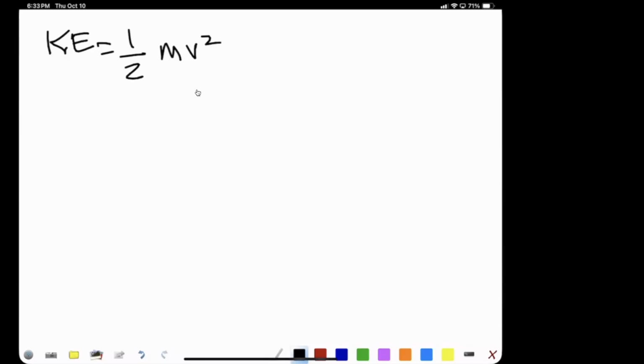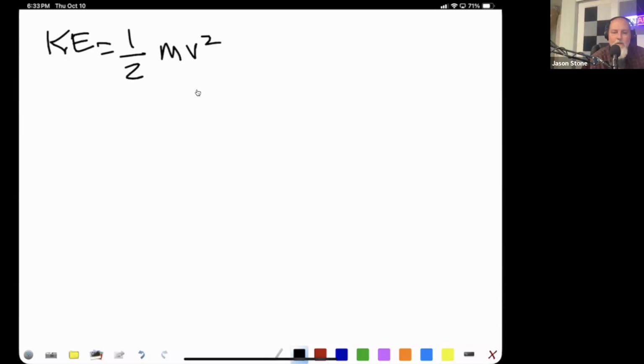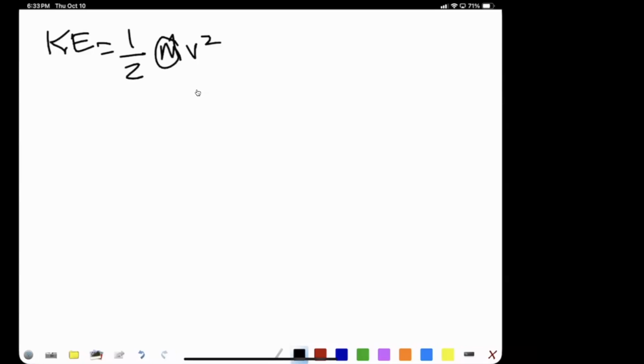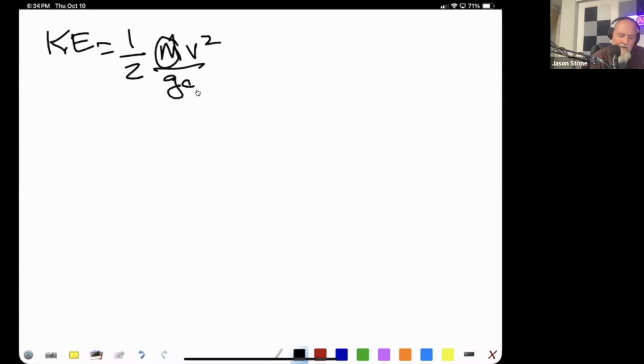That's what it looks like on the surface. But if you just calculate it like that, you're going to come up with something wrong, because we're dealing with mass in pounds mass. So what else do we need? Yeah, the gravitational constant, G sub C. So we have to divide our mass by our G sub C to get our units to work out. So let's try it out and see what happens.